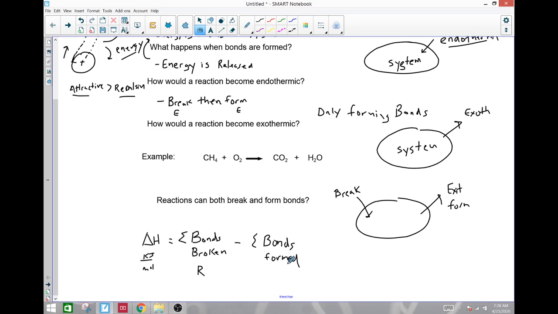Be aware, this is reactants minus products, and a lot of other calculations are backwards.